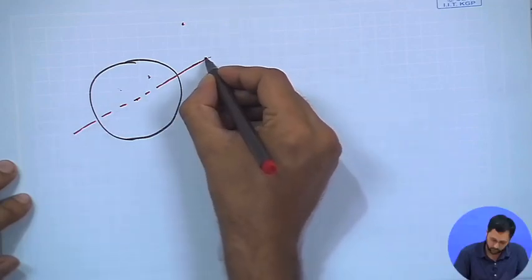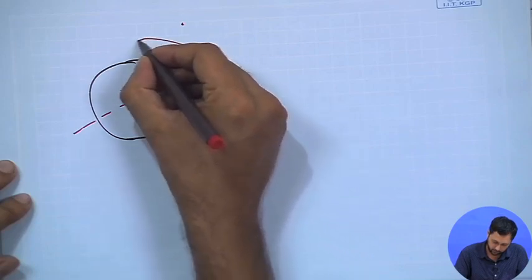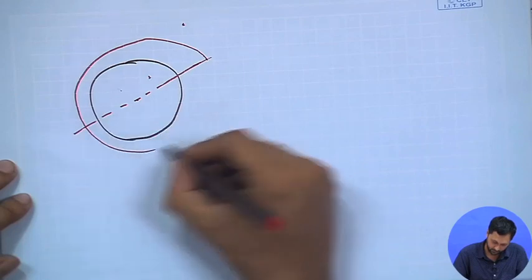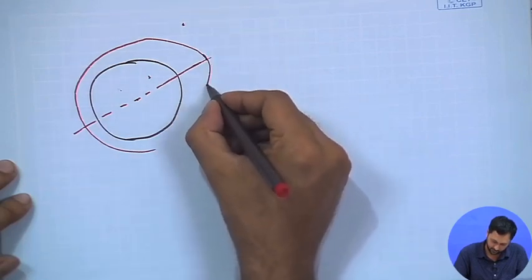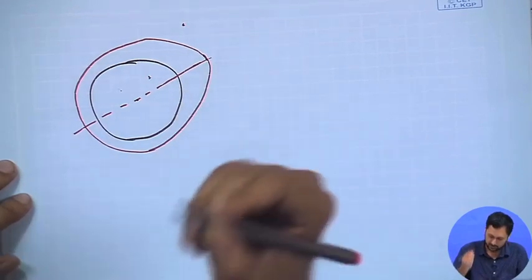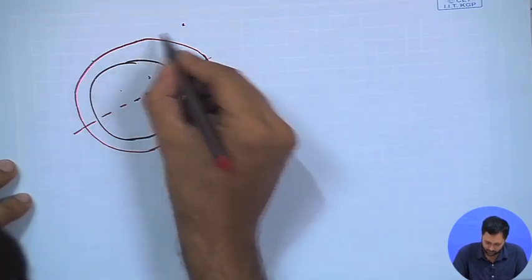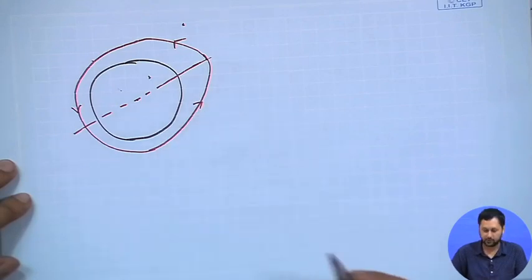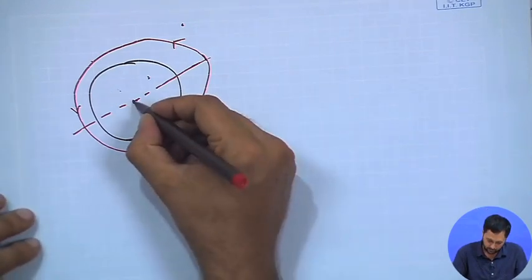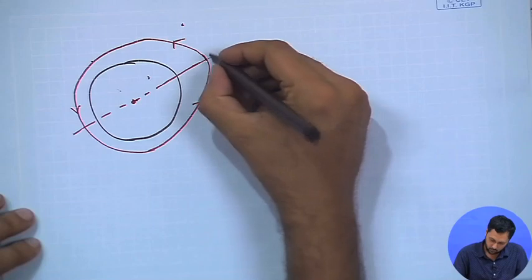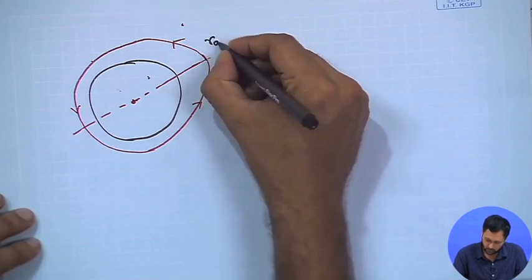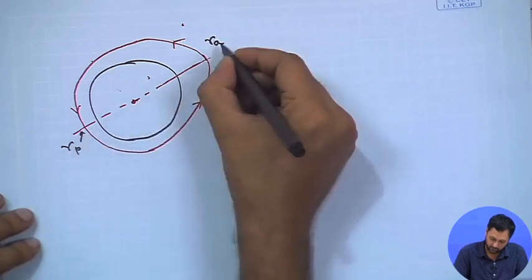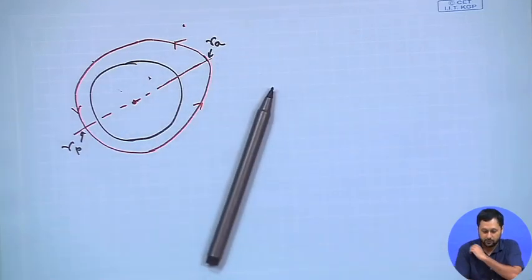So, it goes something like this. Sorry, my drawings are not very nice. This is my force center. Now, this is my apogee distance, this is my perigee distance. These two distances are given.